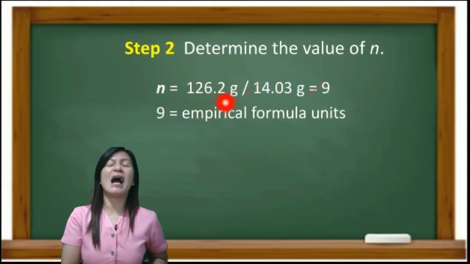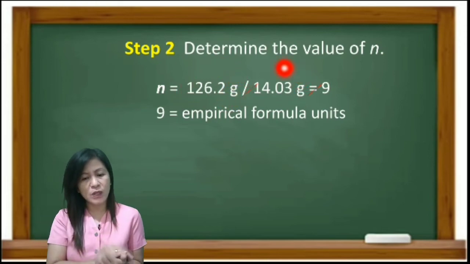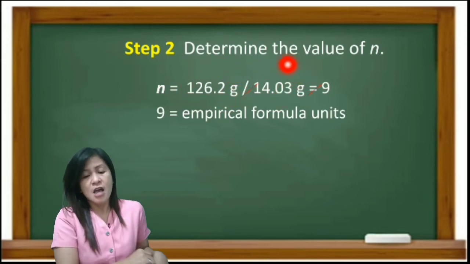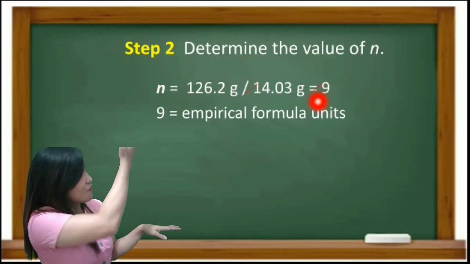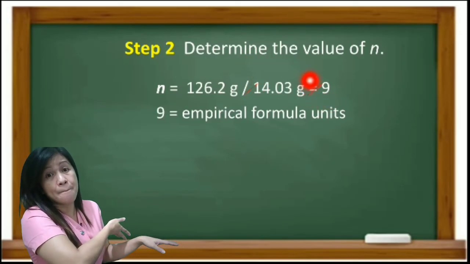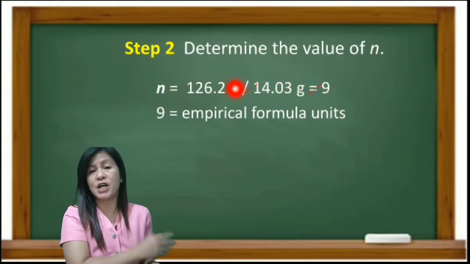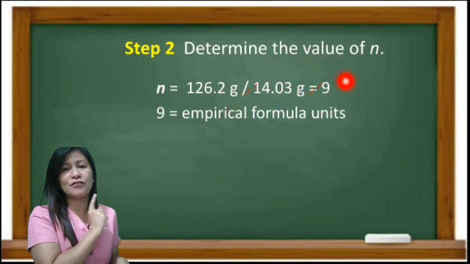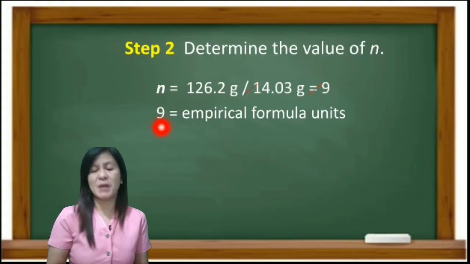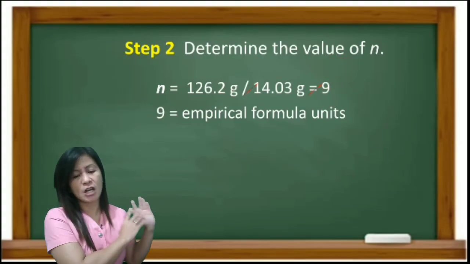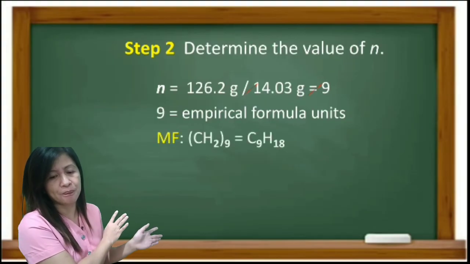You divide that by the calculated molar mass in step 1, which is 14.03 grams. You will get the whole number. You divide and then cancel gram. You get the number 9. So that value of 9 is the multiple of your empirical formula. So what will be the molecular formula for our compound?